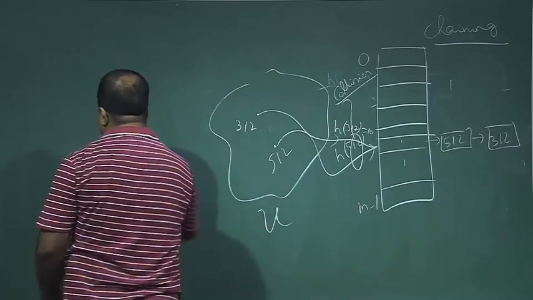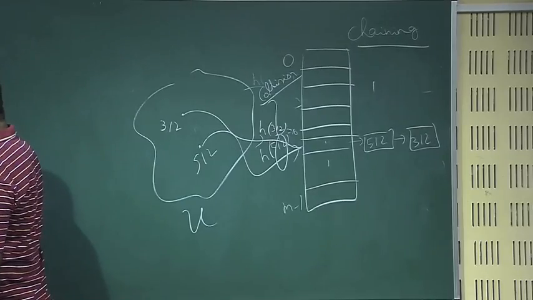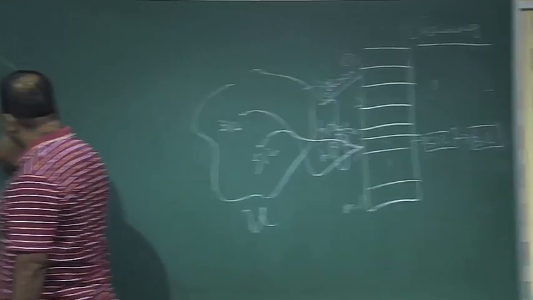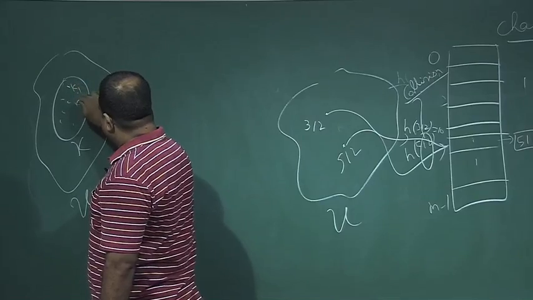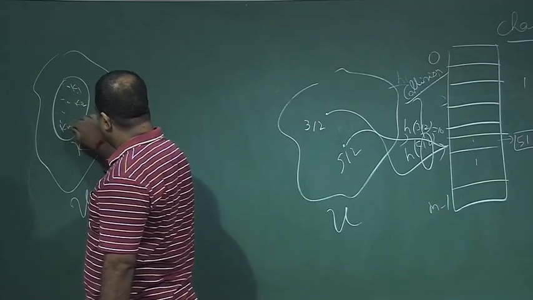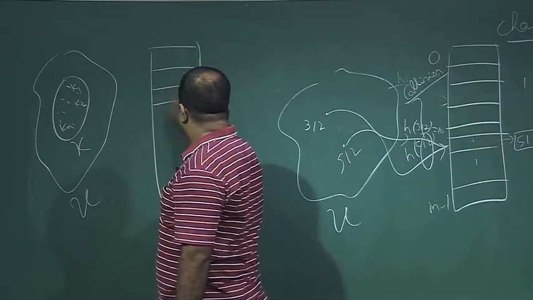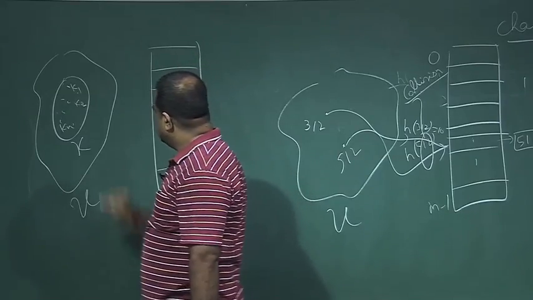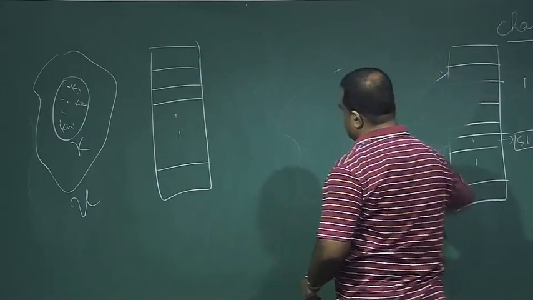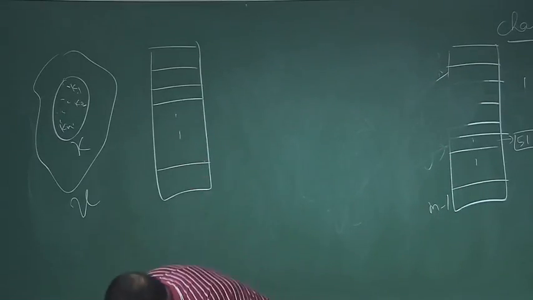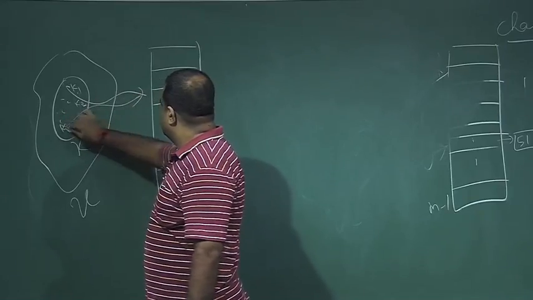Suppose we have a universe of keys, and this is the key set we are interested in, and suppose there are n keys k1, k2, ..., kn, and we have this hash table. Now we apply the hash function and put the keys into the table.